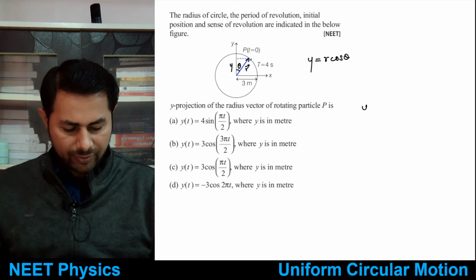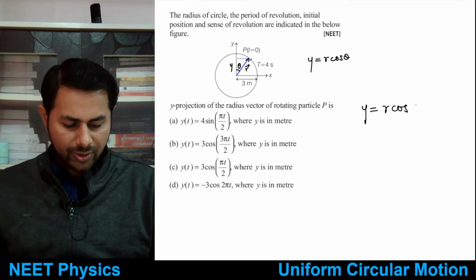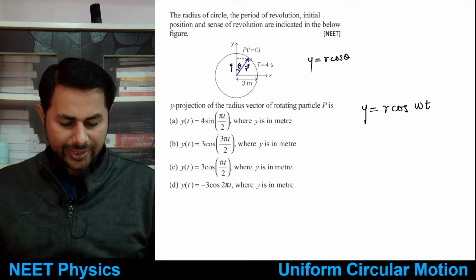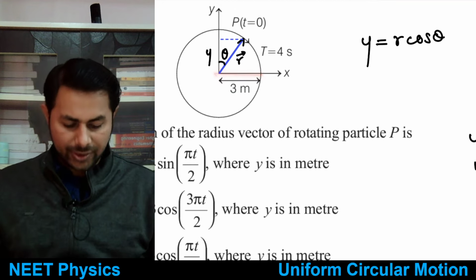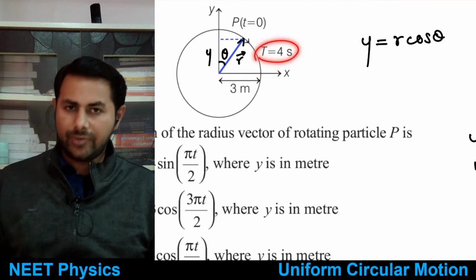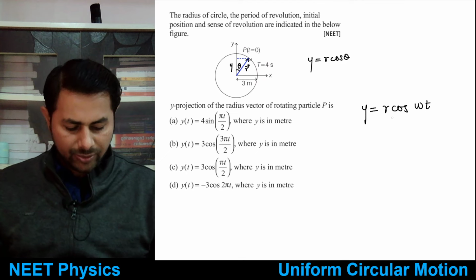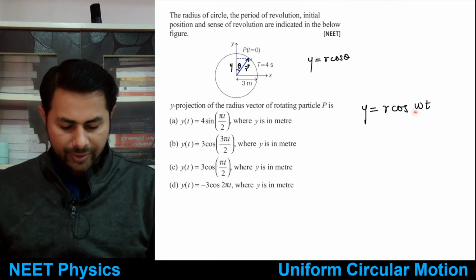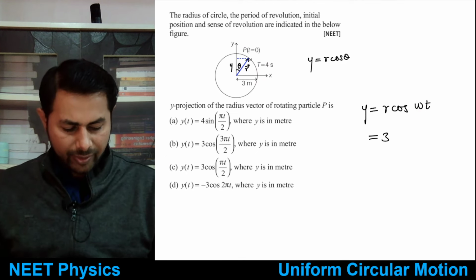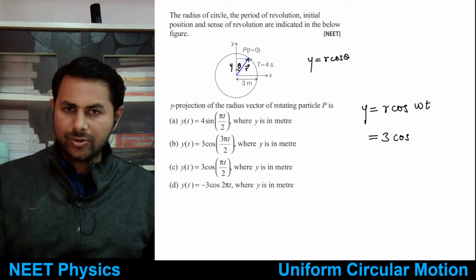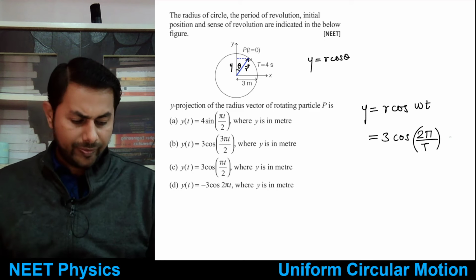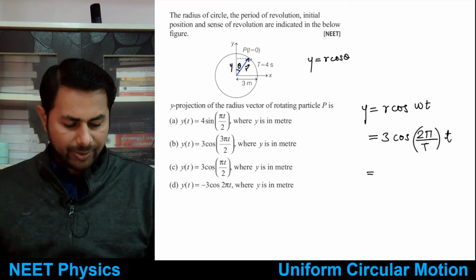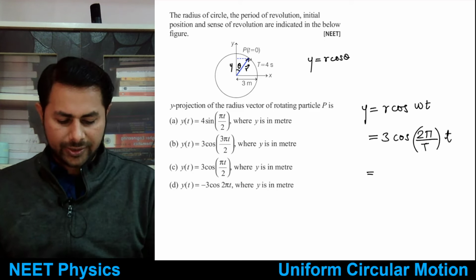Let me write it here. Y is equal to R cos of omega t. And what's given? The radius is given, 3 meters. The time period is given, 4 seconds. That means you need to write it in terms of time period. So radius is 3, so it is 3 cos of, what is omega? Omega is 2 pi by capital T, and capital T is 4 seconds.